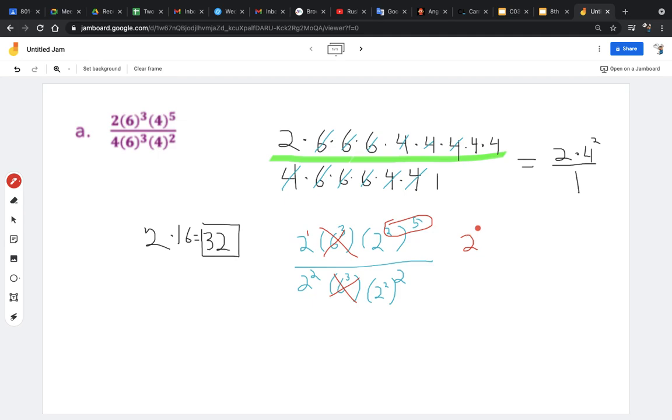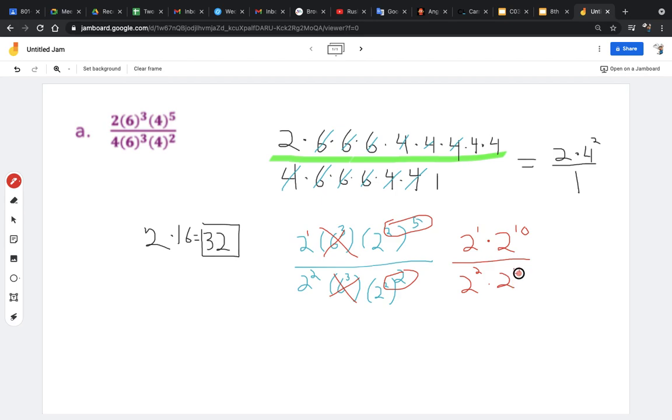If you don't see a power, call it the first. 2 to the second with the 5 at the outside becomes 2 to the 10th. So now I have 2 to the 10 times 2 to the 1 in the numerator. In the denominator, same deal. We're going to have 2 to the second in the denominator. 2 to the second times 2 is going to become 2 to the fourth.